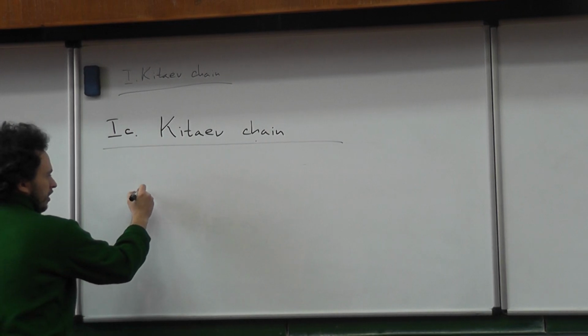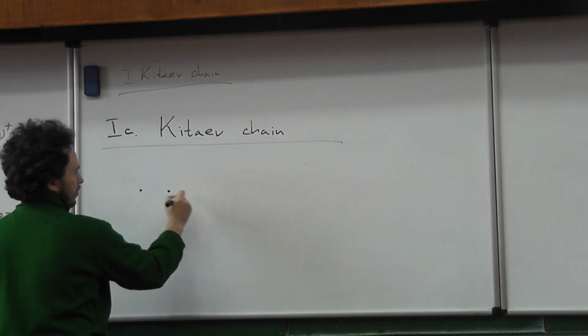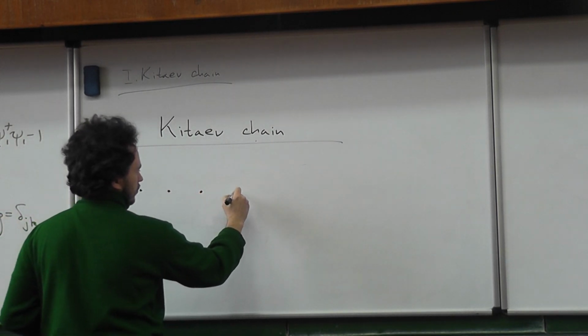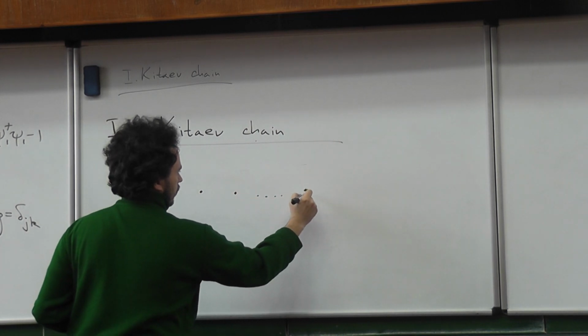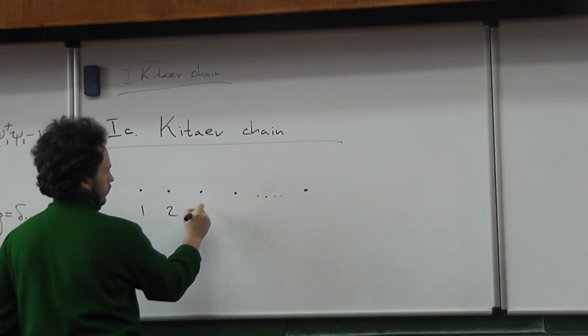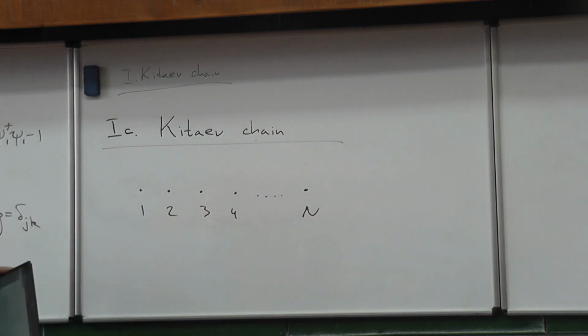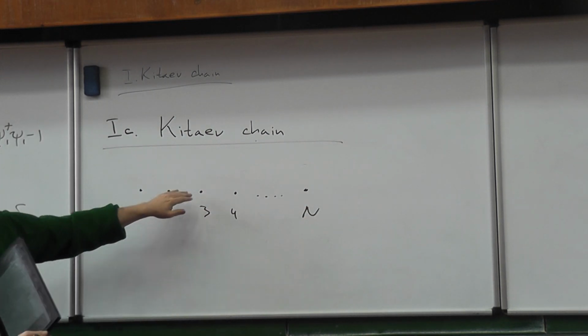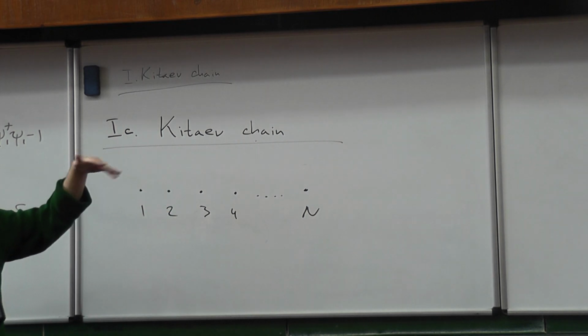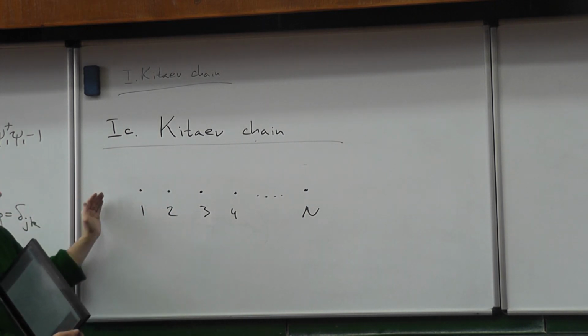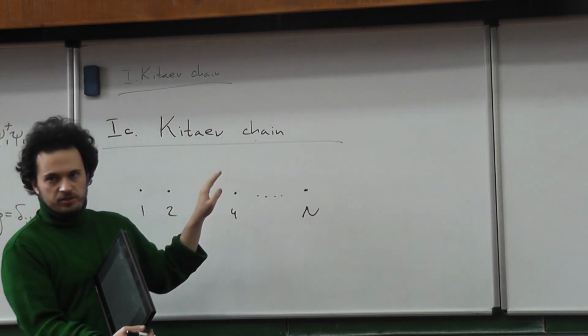What is the tight chain? Suppose I have n orbitals. I can put an electron here, I can put an electron here, I can put an electron here. Any electron can be in any of the n orbitals.